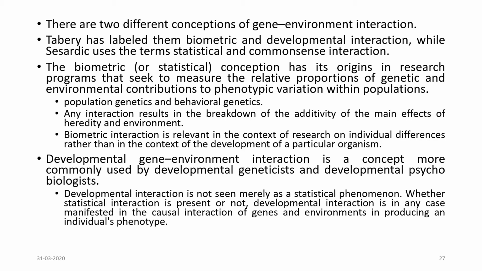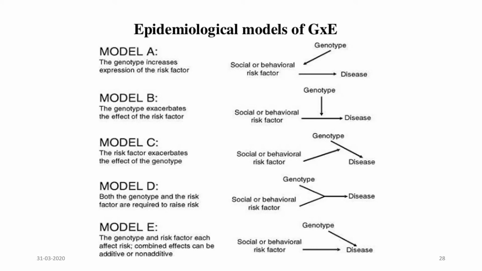So usually population genetics and behavioral genetics study statistical modes of analysis of genotype, gene and environment interaction. Developmental interaction is not seen merely as a statistical phenomenon, but as a case where the interaction of gene and environment produces an individual's phenotype.